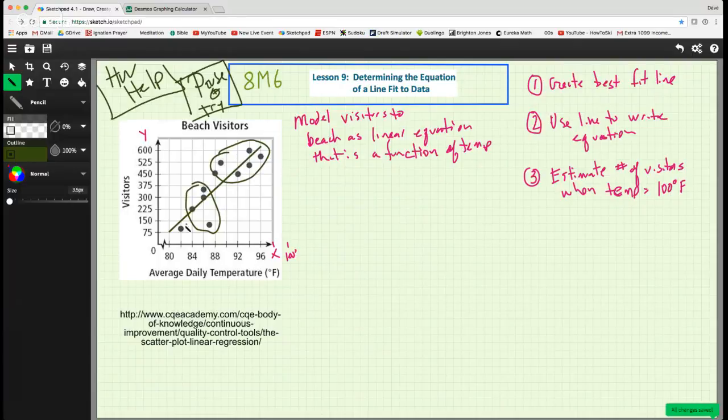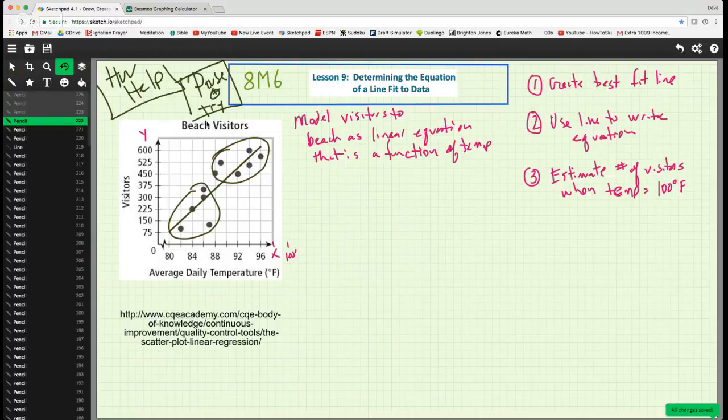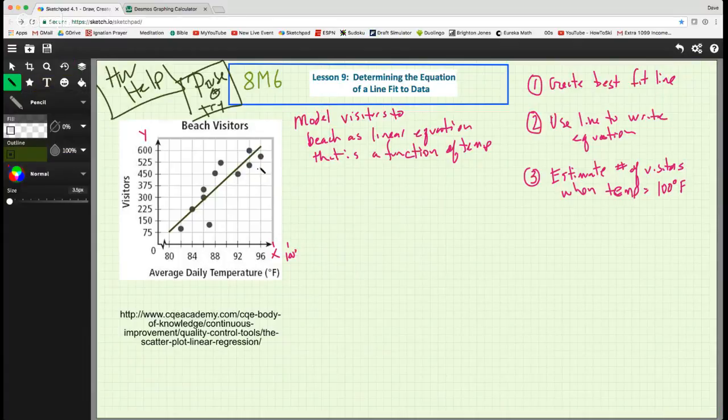Maybe we have 2 clusters of data, our low numbers and our high numbers, and we're going through the middle. We have one down here and one up here, one a little bit down here. Up here, we have 2 high, a couple low, probably a pretty good line. All right, so I'm going to call this a good fit.